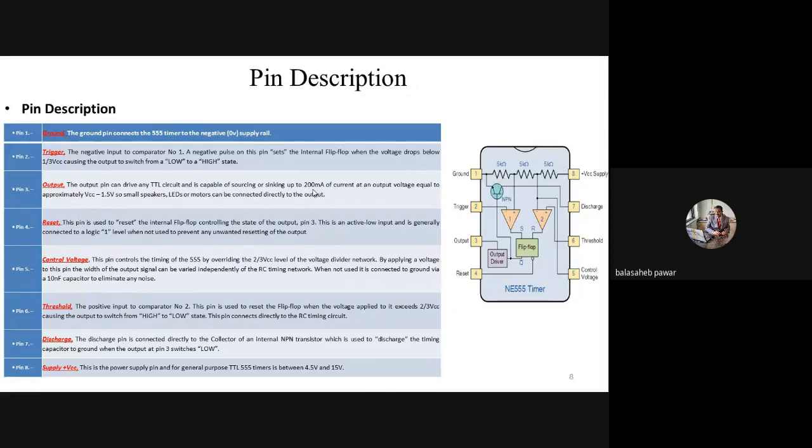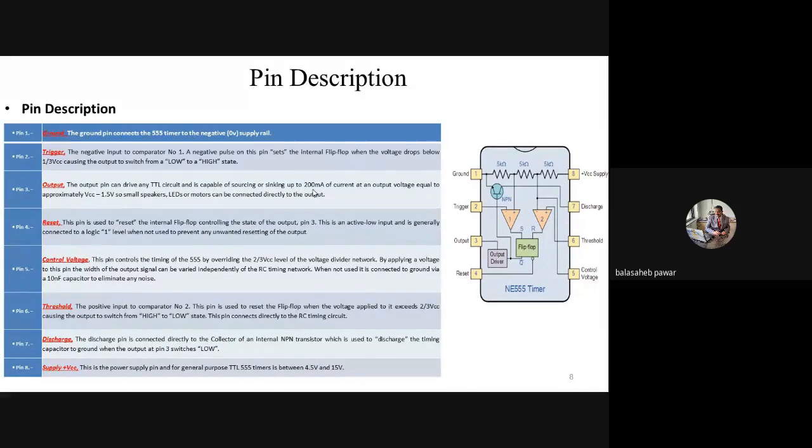Can we connect that LED directly to the output of this IC555? How will you decide whether to connect a load directly to the output pin? That is decided by the current sourcing or sinking capacity of the selected device, given here as 200 milliamperes.